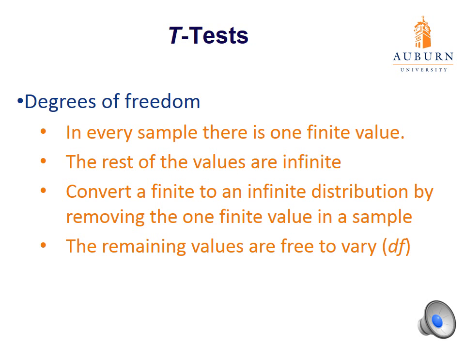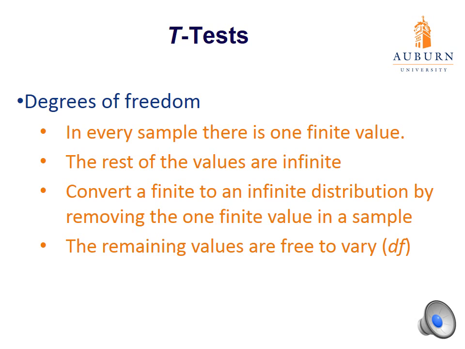So our degrees of freedom tells us that in every sample there is one finite value. The rest of the values are infinite values. They can vary infinitely. So if I want to convert a finite distribution to an infinite distribution, I have to remove that one finite value from the sample. Now this is theoretical, of course.